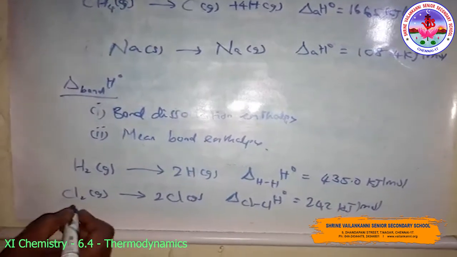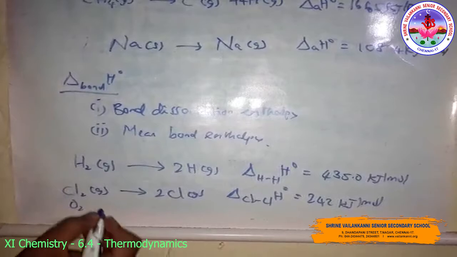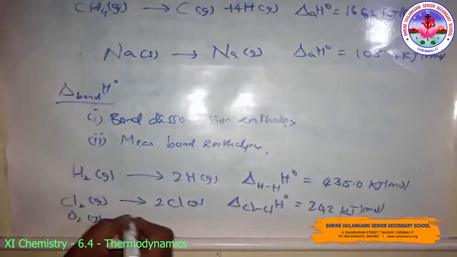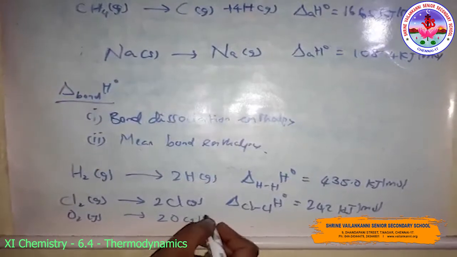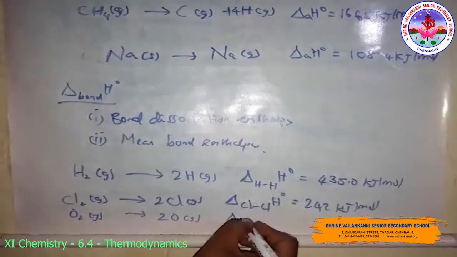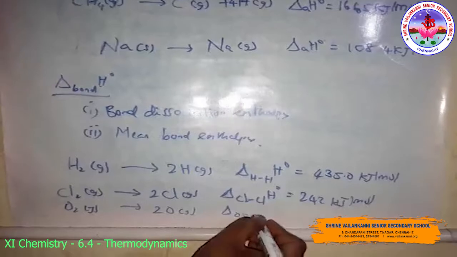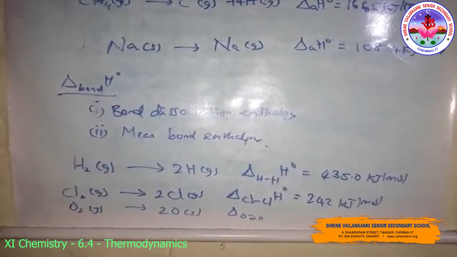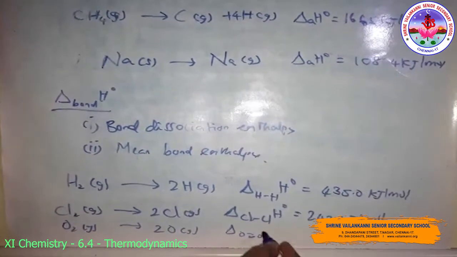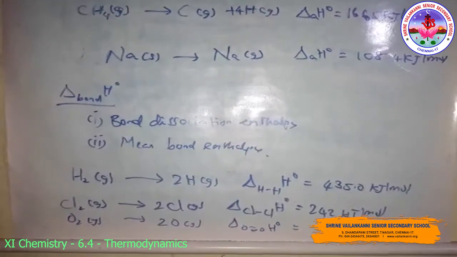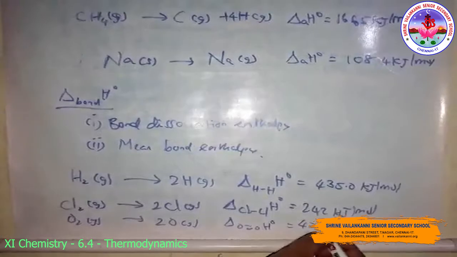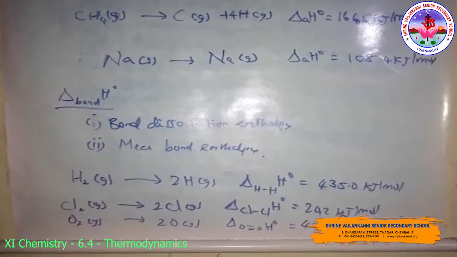Similarly, for a diatomic molecule like oxygen gas O2 to produce 2O gas, that is here the bond oxygen double bond O, delta H naught is equal to 428 kilojoule per mole, the unit.